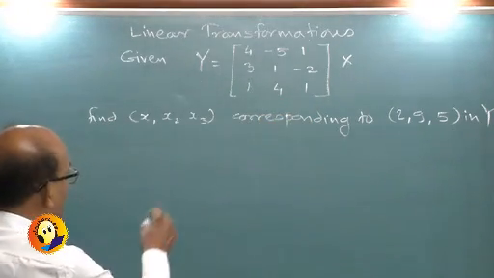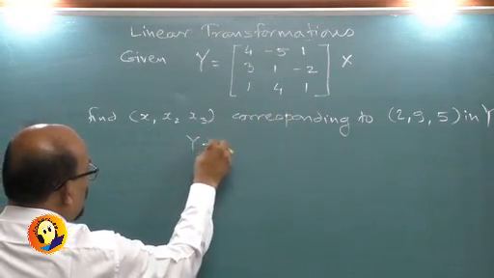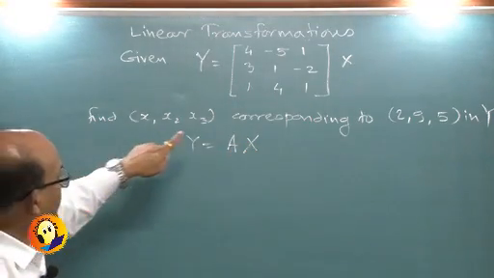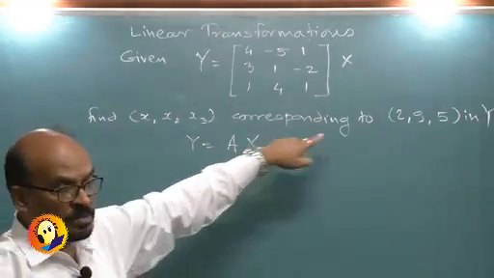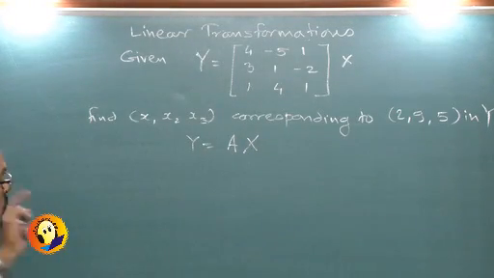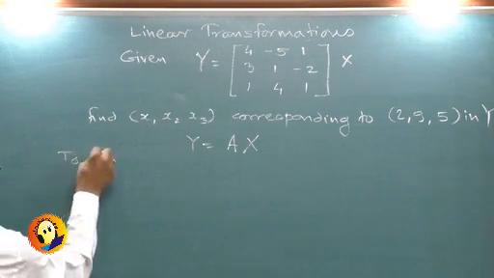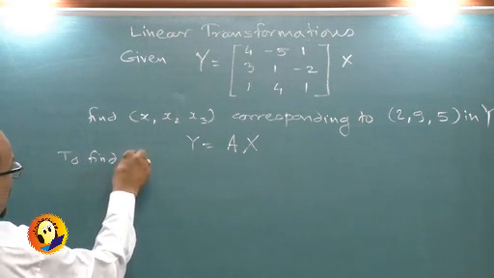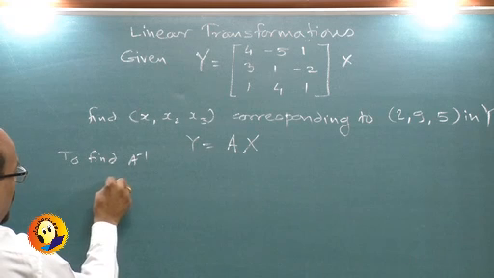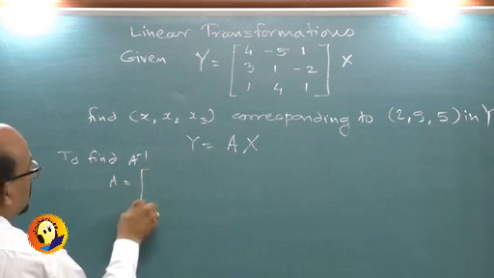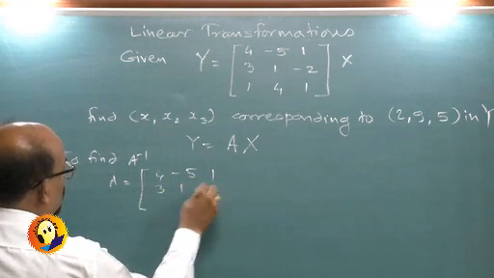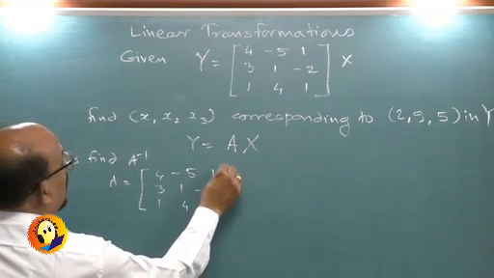So it is given as y is equal to ax, but we are required to find x corresponding to this y, so we want the inverse transformation. So to find A inverse, A in this case is 4 minus 5 1, 3 1 minus 2, 1 4 1.